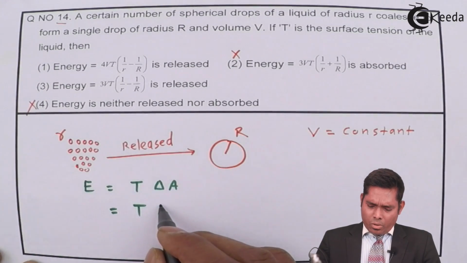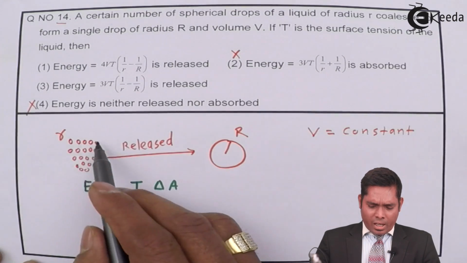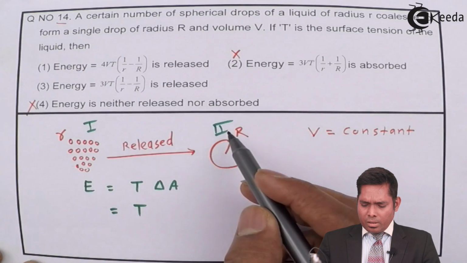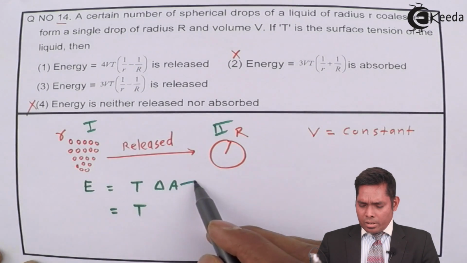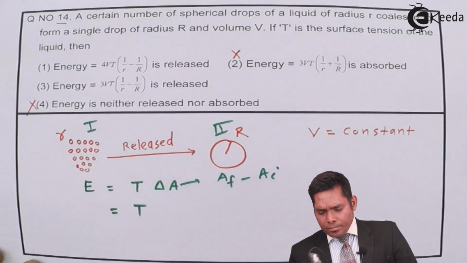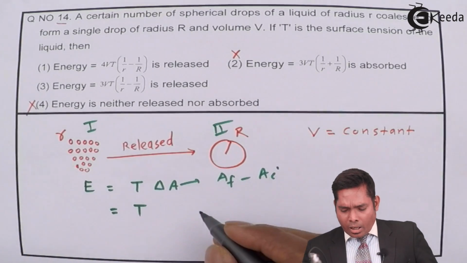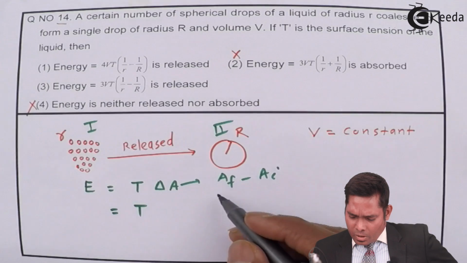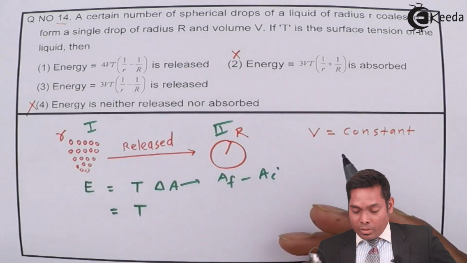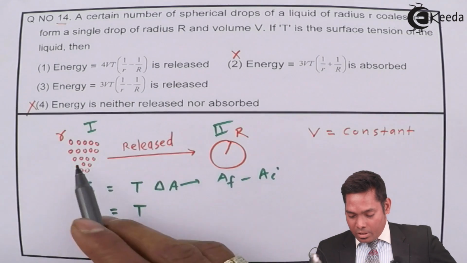What is the surface area of the first part, and what is the surface area of the second part? Change in area is actually final area minus initial area. Even if I take the mod of that, I know that this is released, so I can take this minus that.